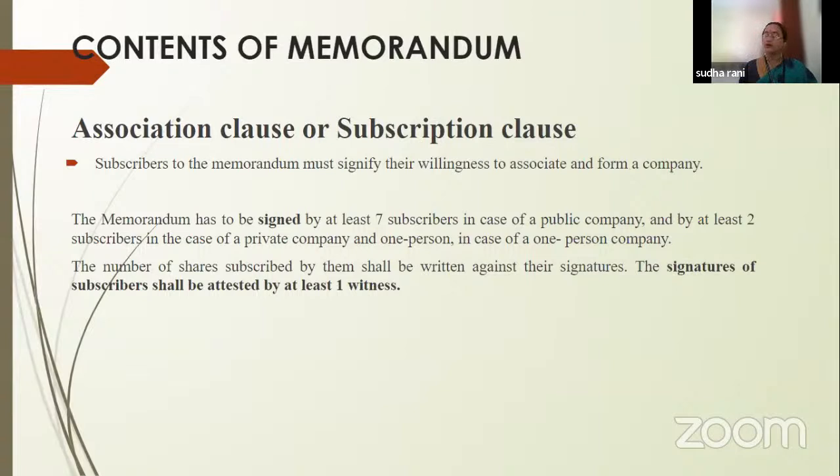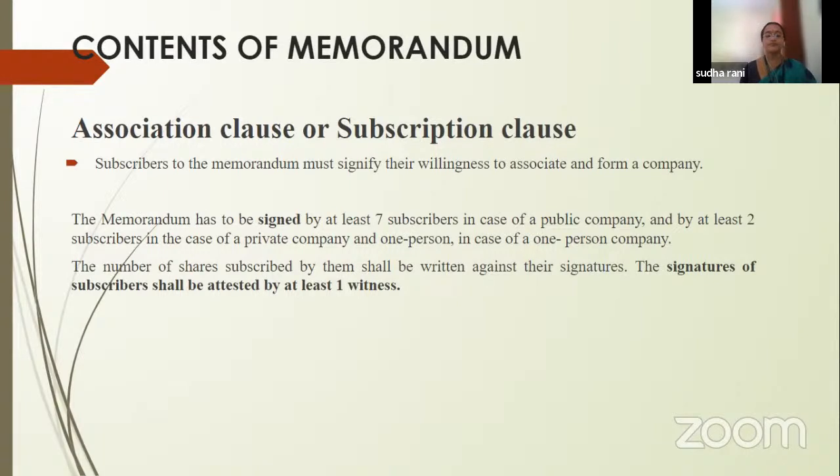In case of a public limited company, 7 subscribers have to sign. In case of a private company, 2 have to sign. After the signature of these subscribers, one more person also has to sign, that is the witness. Who is going to be the witness?